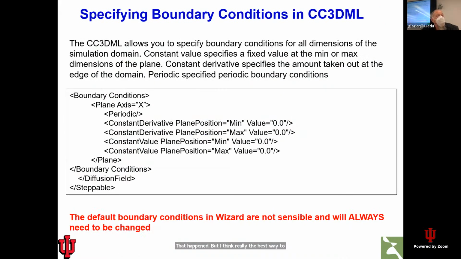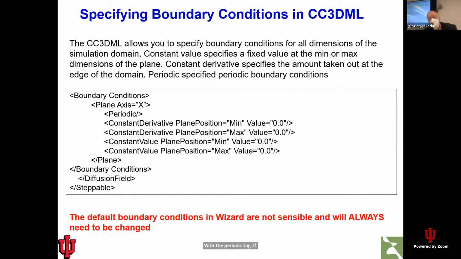To specify boundary conditions in CC3D, you do that in the markup language. You have a variety of options in the diffusion solver. For boundary conditions, you could control them for x, y, and z separately, and for the left side, the min side, and the max side separately. You have a choice. You could make the boundaries periodic in x, periodic in y, periodic in z, with a periodic tag.